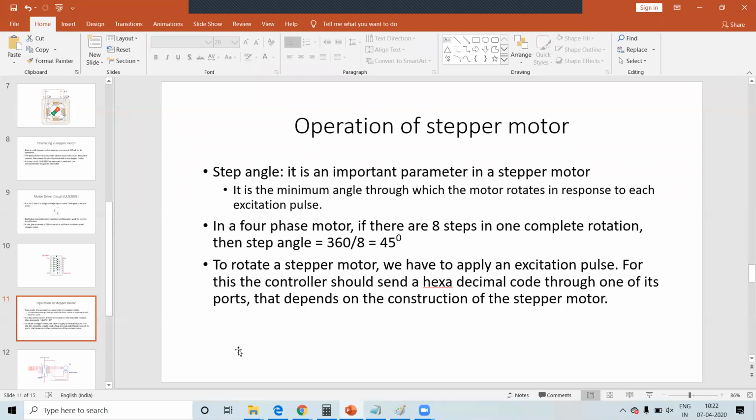So you send a value to any one of the ports of 8051, that port is connected to the motor driver ULN 2003, and the outputs of that driver are connected to the windings of the stepper motor. This is how the connection goes on.